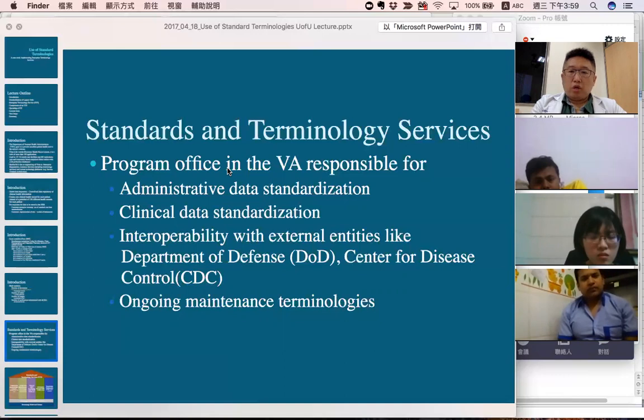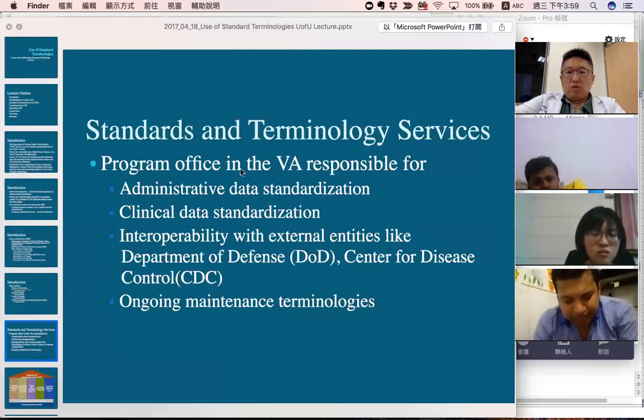For example, in Shanghai Hospital, we only have an office called the IT informatics office, but they do not have a very fine designation for the job. But in the VA, the terminology service is the core of all development.